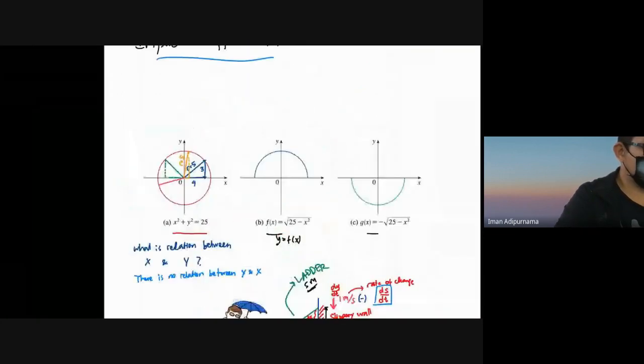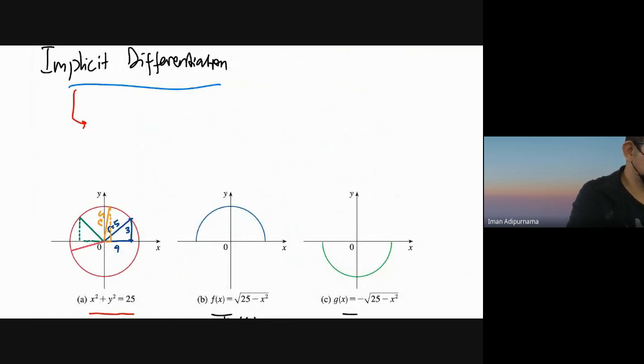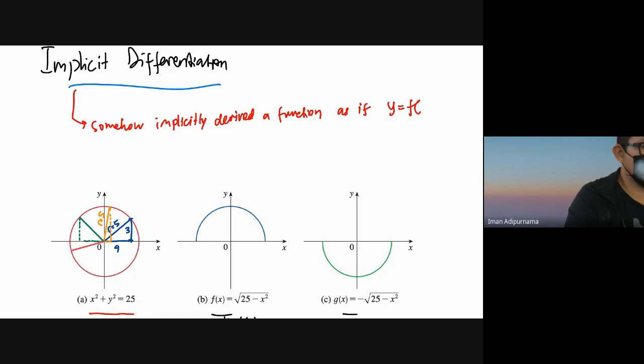Implicit differentiation is where we somehow implicitly derive a function as if y is a function of x. So that's why it's called implicit, because we are making y somehow f of x.